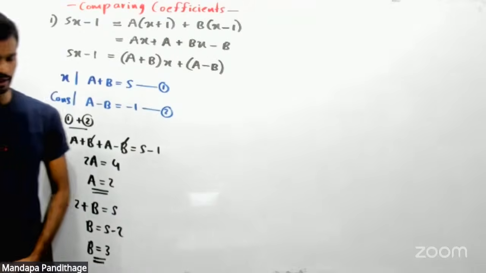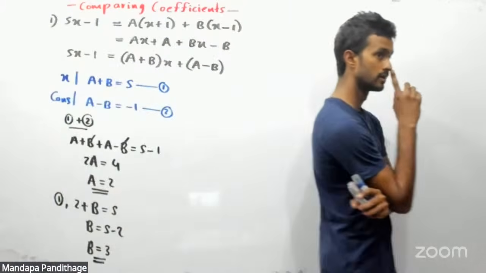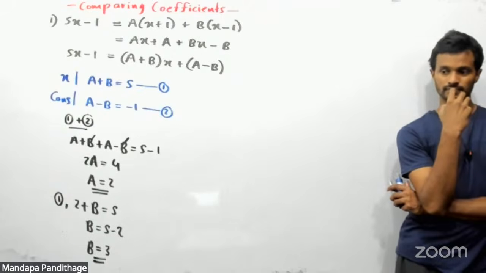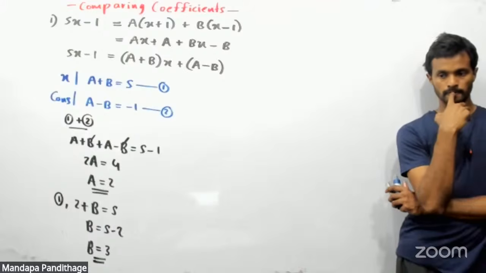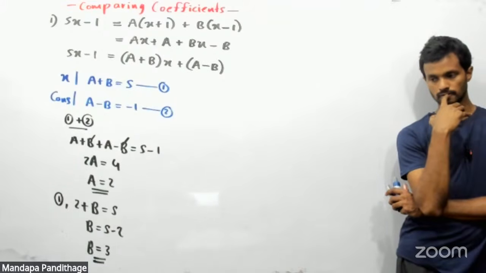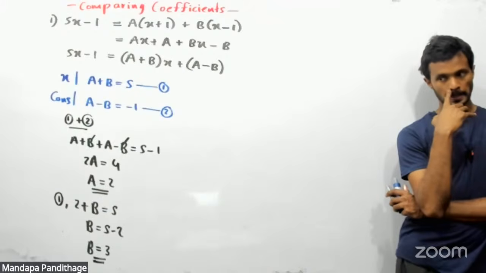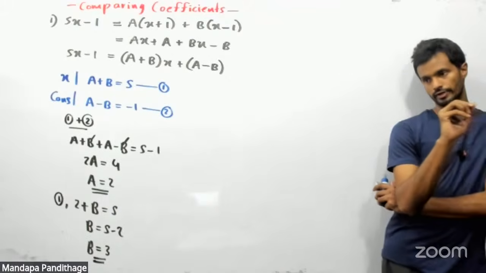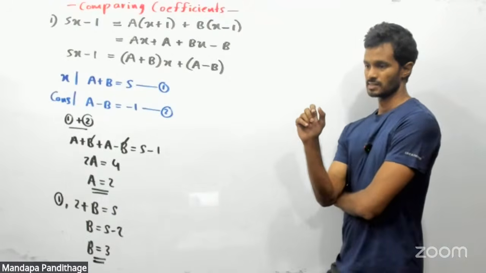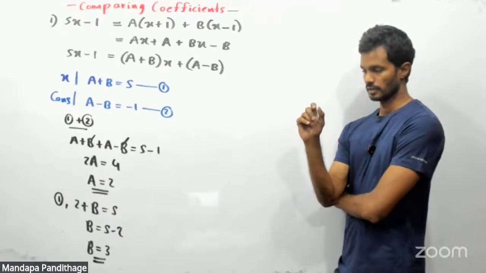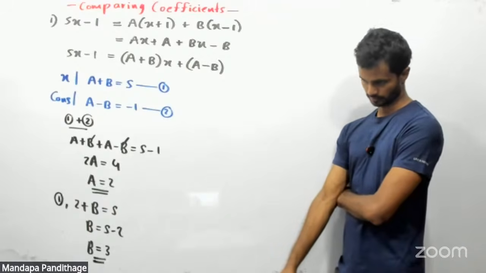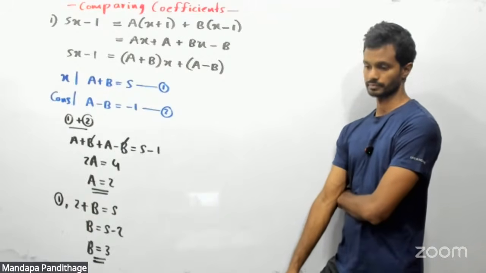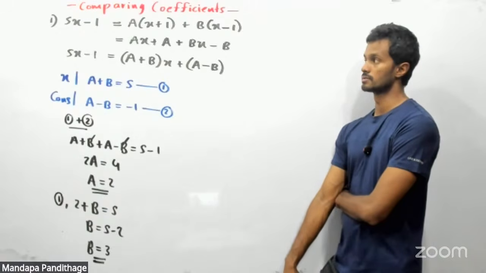Okay, comparing coefficients. Then write it this way. In this method, we rearrange the polynomials in a way that the coefficients can be clearly seen.